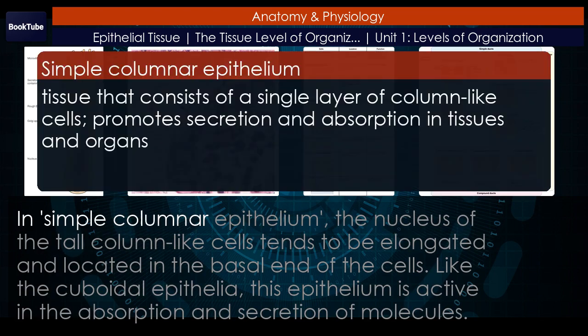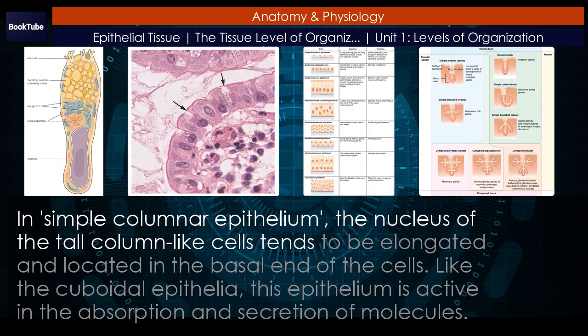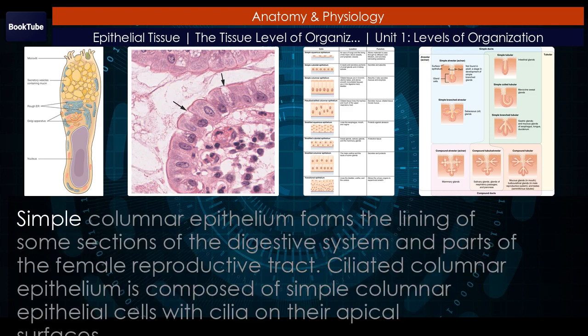In simple columnar epithelium, the nucleus of the tall column-like cells tends to be elongated and located in the basal end of the cells. Like the cuboidal epithelia, this epithelium is active in the absorption and secretion of molecules. Simple columnar epithelium forms the lining of some sections of the digestive system and parts of the female reproductive tract.